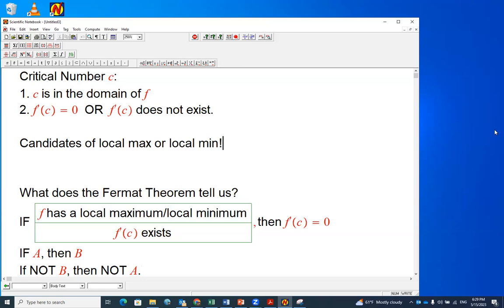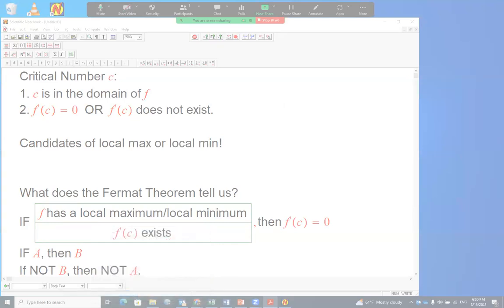So when we study the extreme value theorem, I'm going to bring the extreme value theorem. The extreme value theorem is a very, very important theorem.